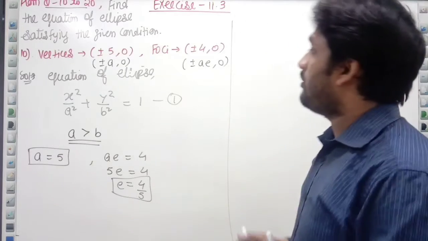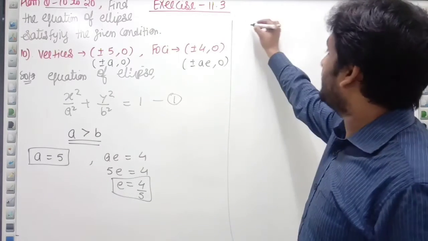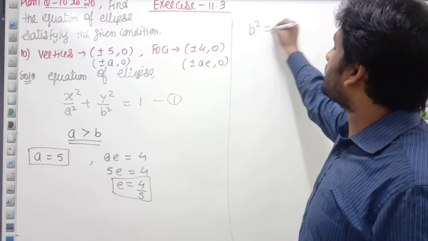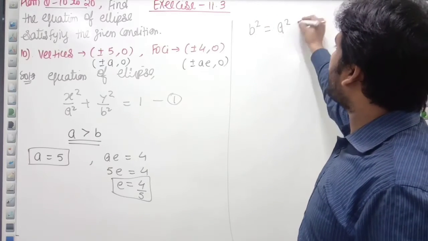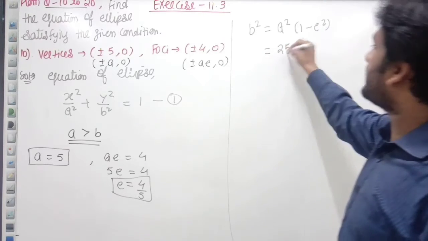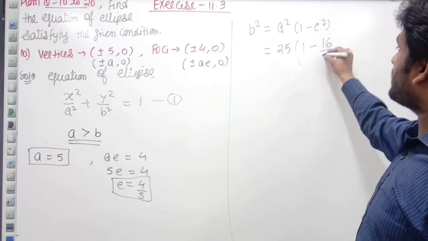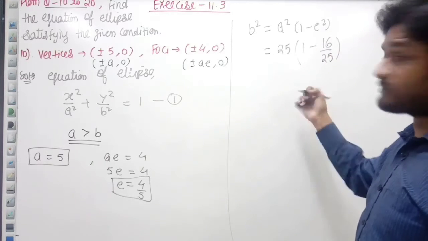Now, when I am having a and e, I am having the relation: b square equal to a square into 1 minus e square. What is a? 5 square, 25, 1 minus e square, 16 by 25, 4 by 5 whole square.